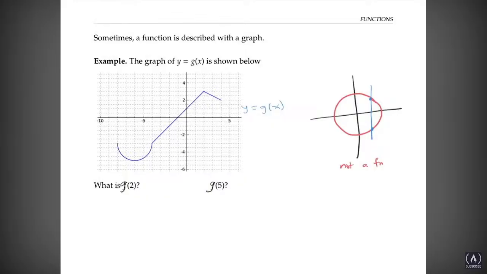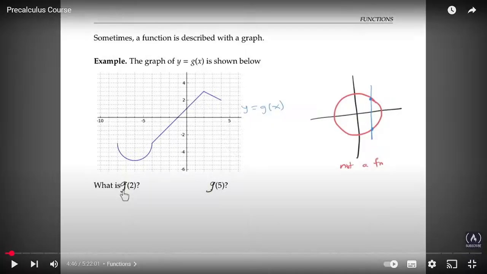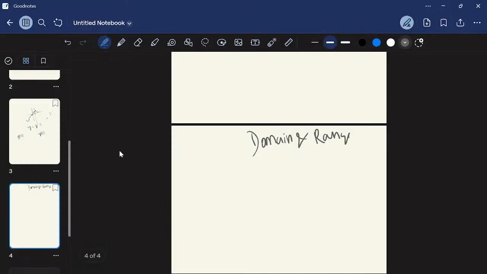Let's evaluate. So my question is, let's draw a line where it is like this, right? Oh shit. Don't do that, bro.